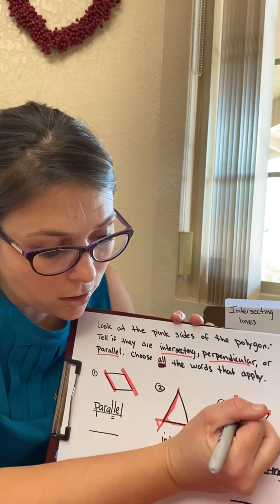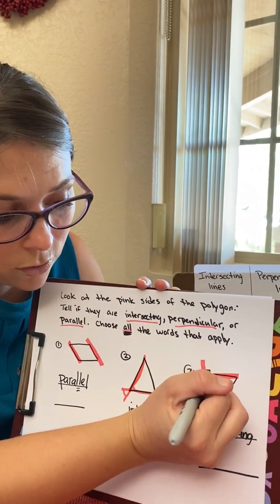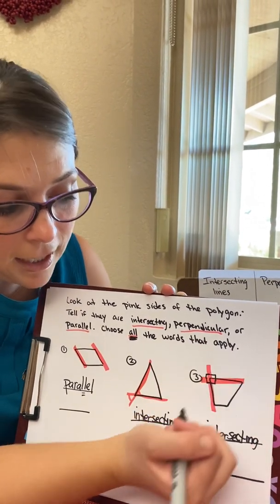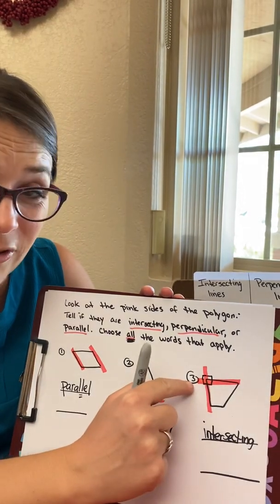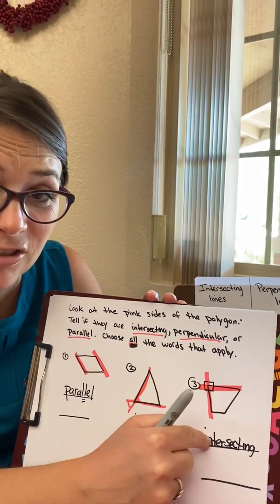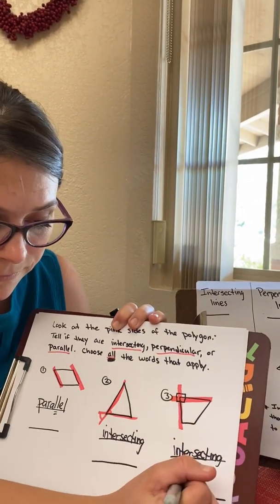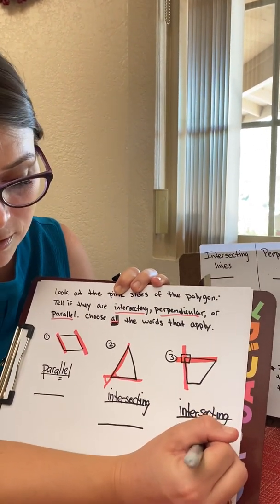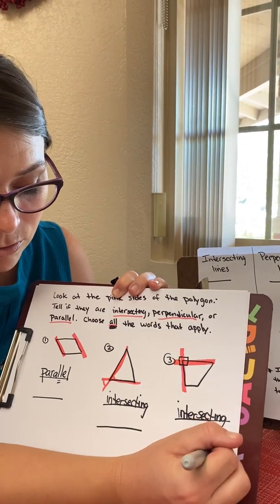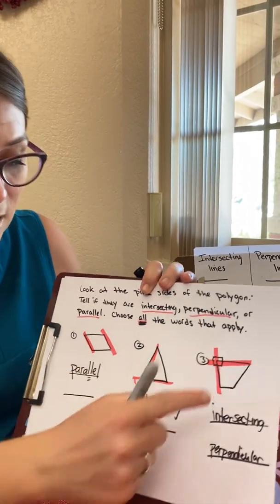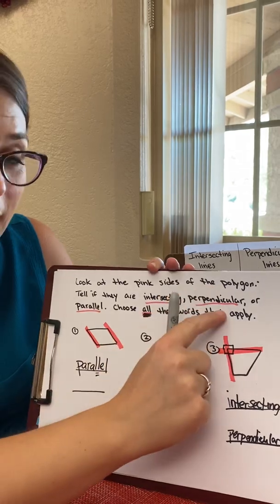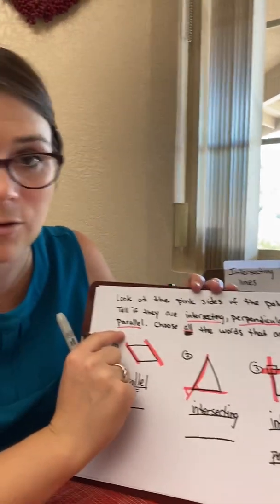So if I were to draw a square there, would those be perfect squares? And the answer is yes. So number 3 is an example of something that is intersecting, but is also perpendicular. So because they're intersecting and they're perpendicular, they're not going to be parallel.